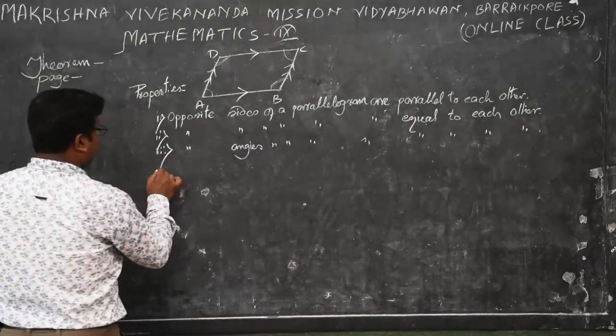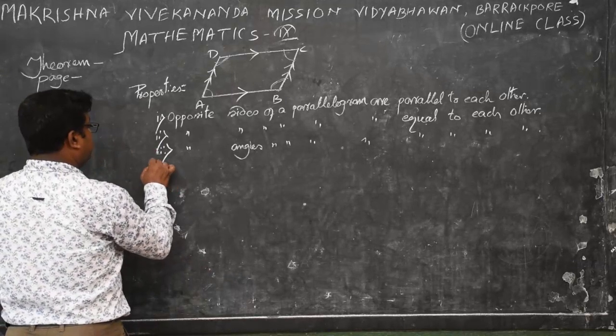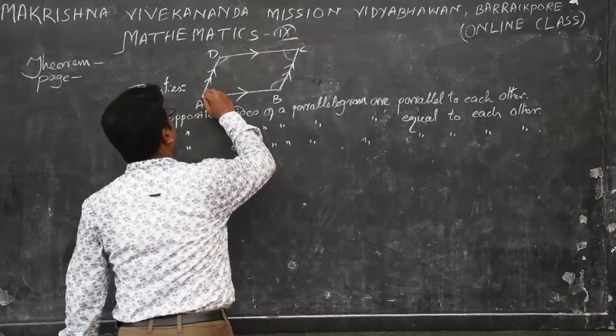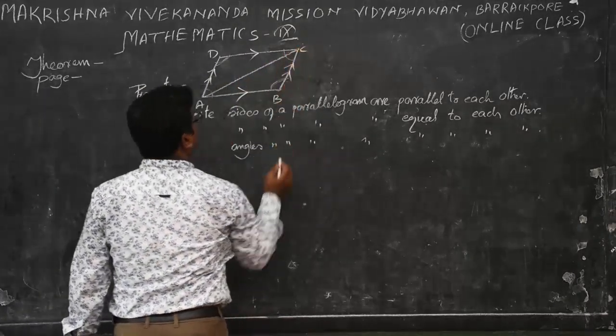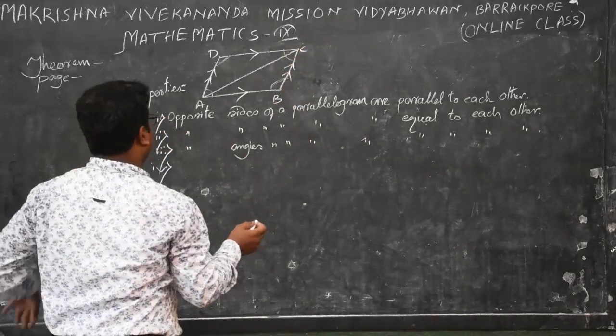Okay. Number four, any diagonal divides a parallelogram into congruent triangles.